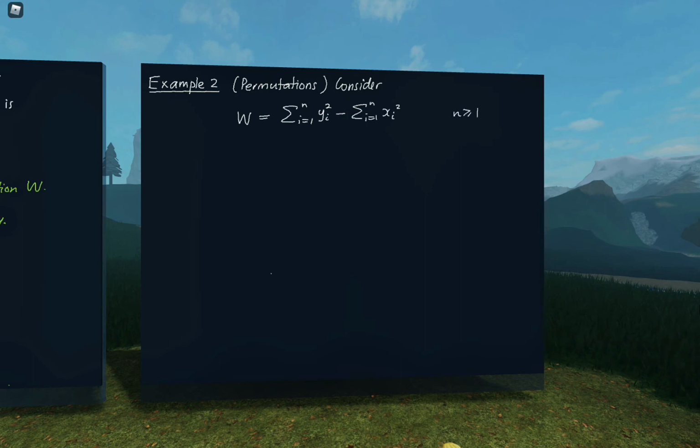N here is greater than or equal to 1. Okay, so clearly if n equals 1, that's just the example I presented. This is a good exercise. Take the partial derivatives, check the only place where they all vanish and w is 0 is at the origin.